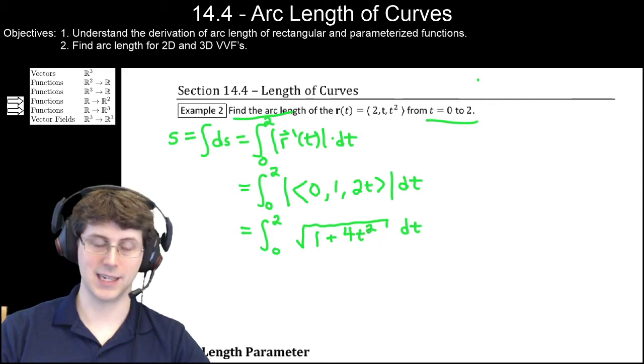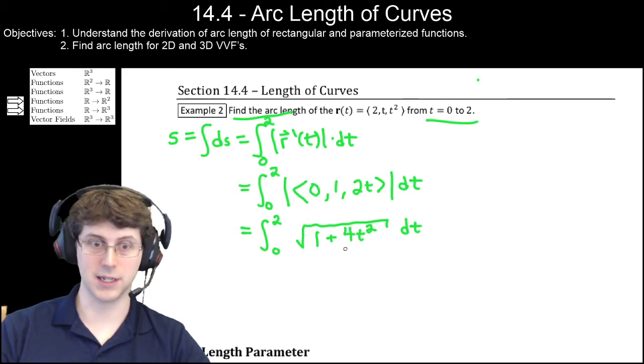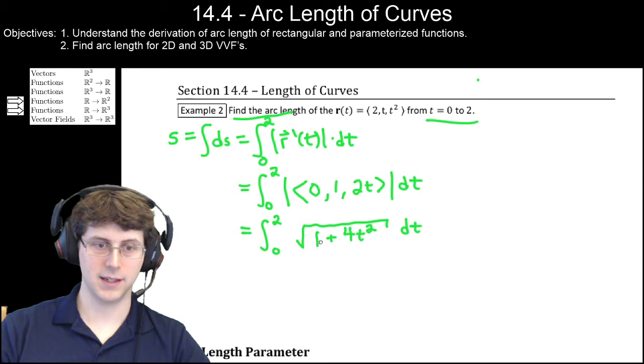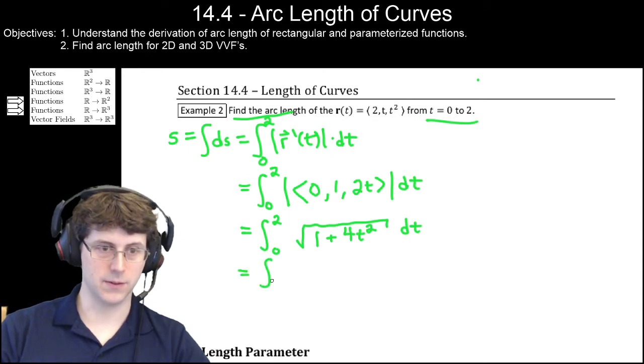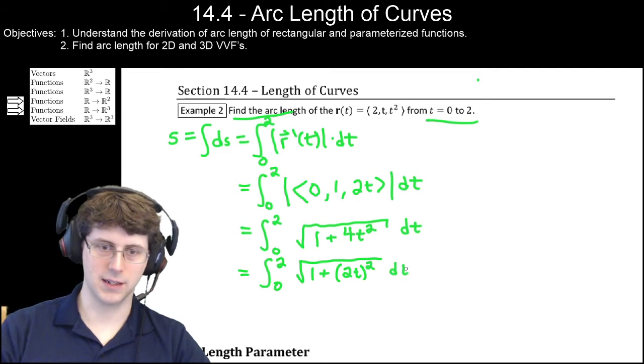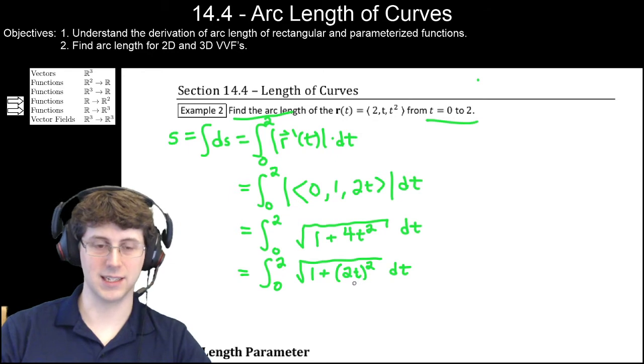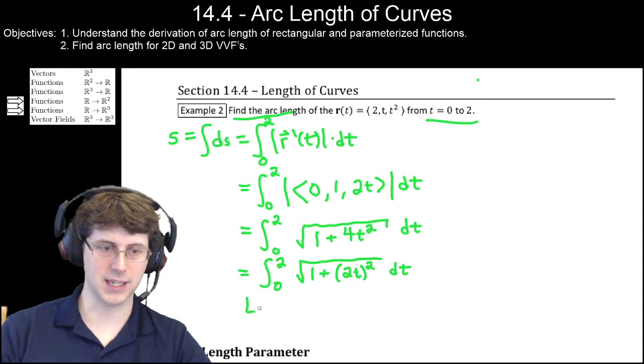So that's not going to work. So I'm going to have to do a trig substitution to get rid of this squared. Luckily the 1's already here, so I'll try to write this as 1 plus something squared, so that I can figure out what trig function to use. 1 plus tangent squared is secant squared, so I'll let 2t equal tangent theta.